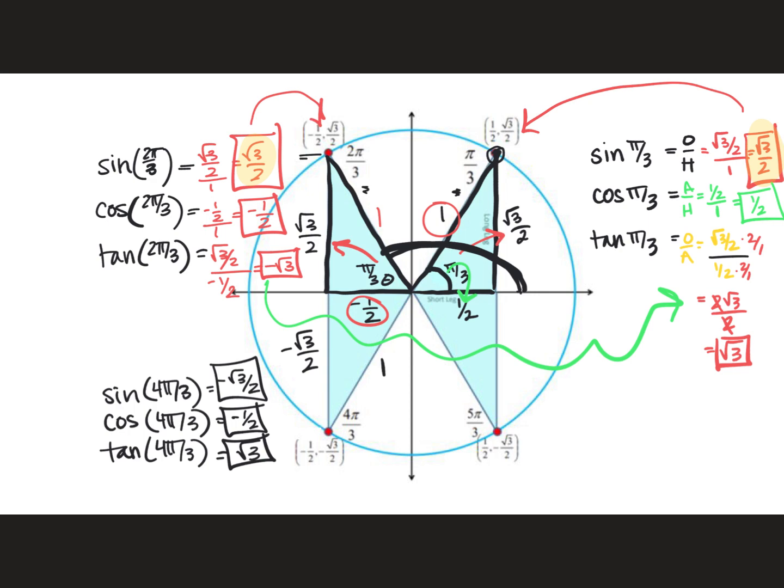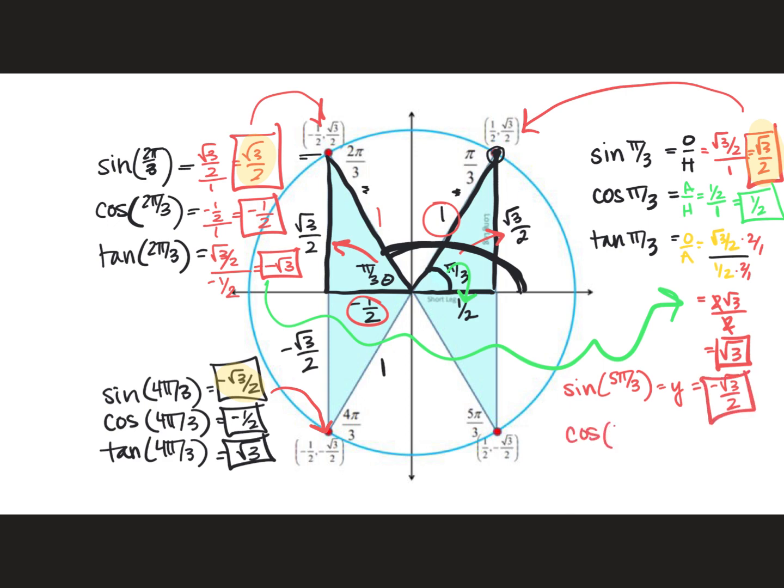And down here for the third quadrant, sine was negative radical 3 over 2. And that is, in fact, the y-coordinate once again. So then in the fourth quadrant, let's see if we can use this shortcut. Sine of 5 pi over 3 is just going to be the y-coordinate, which would be negative radical 3 over 2.